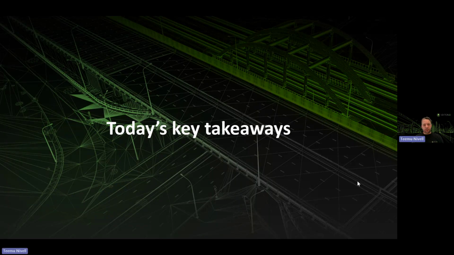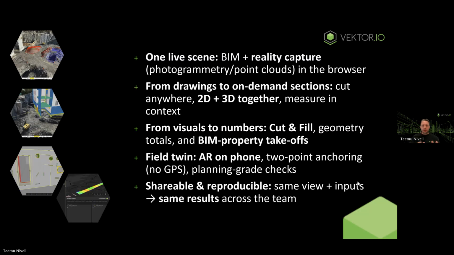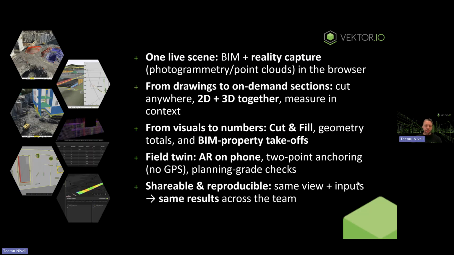All right, we are almost at the end. But let's do a quick recap before the Q&A session. The big points from today: We brought BIM and reality capture into one browser scene.